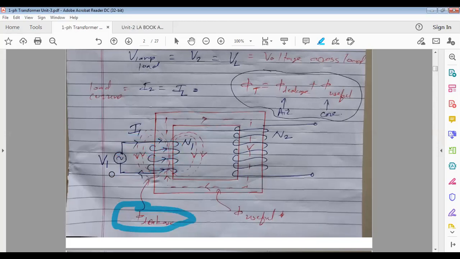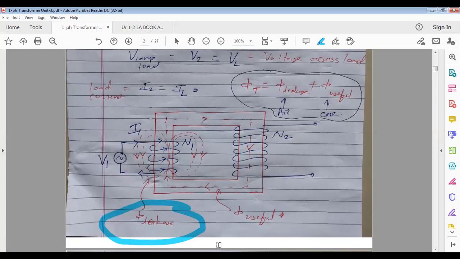Because every transformer has some leakage flux. In every transformer, the resistance of the primary and secondary copper winding will be very, very less, but it will not be 0. That is not possible. But right now, for the working principle and derivations, we are going to neglect the leakage flux, because that will be very less, 2 to 5%.